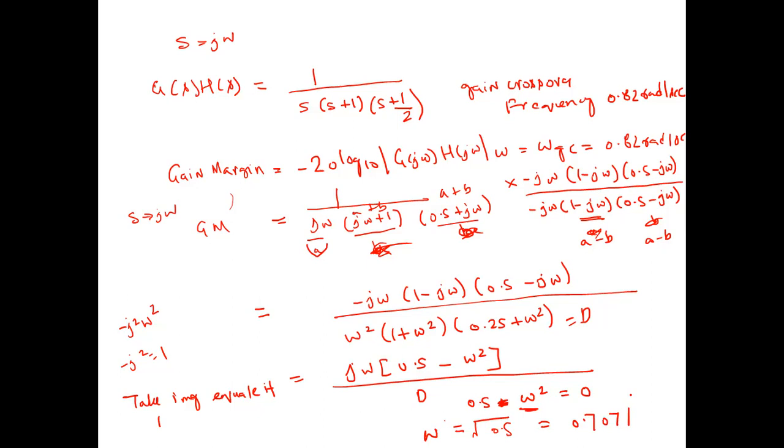Now in order to get the gain margin, I'll change the slide. You have to write the gain margin as minus 20 log of the magnitude: 1 by omega for the first term, the magnitude of the second term is 1 by the square root of 1 plus omega square, and the third term is 0.25 plus omega square, because 1 by 2 was 0.5, so 0.5 squared is 0.25.